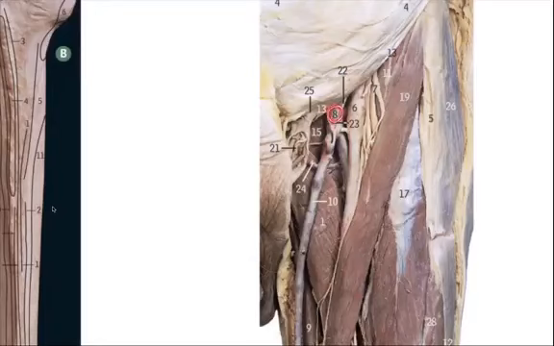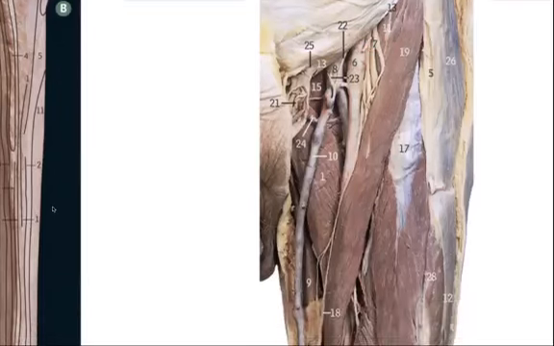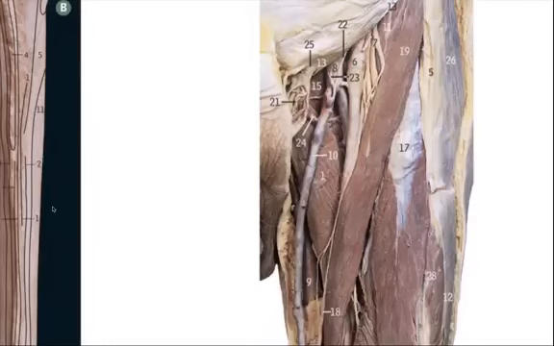Number 8 will be the femoral vein, number 6 will be the femoral artery, and number 7 will be the femoral nerve. And if you can go further, number 10 is the great saphenous vein.